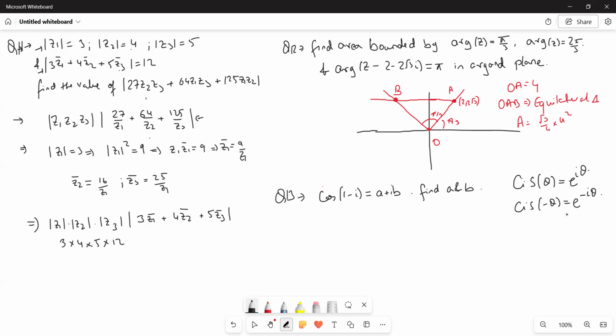So if we add the two, we get 2 cos theta is e power i theta plus e power minus i theta. And similarly, 2 sin theta is always e power i theta minus e power minus i theta. These are a couple of results that you have to remember.